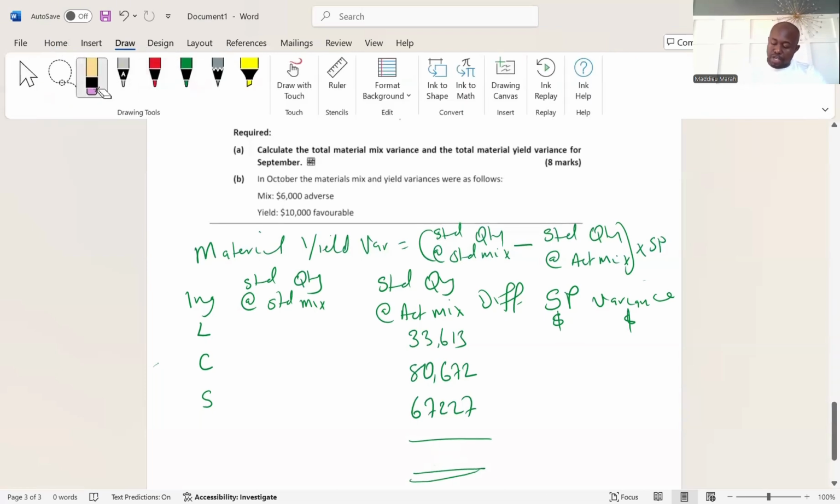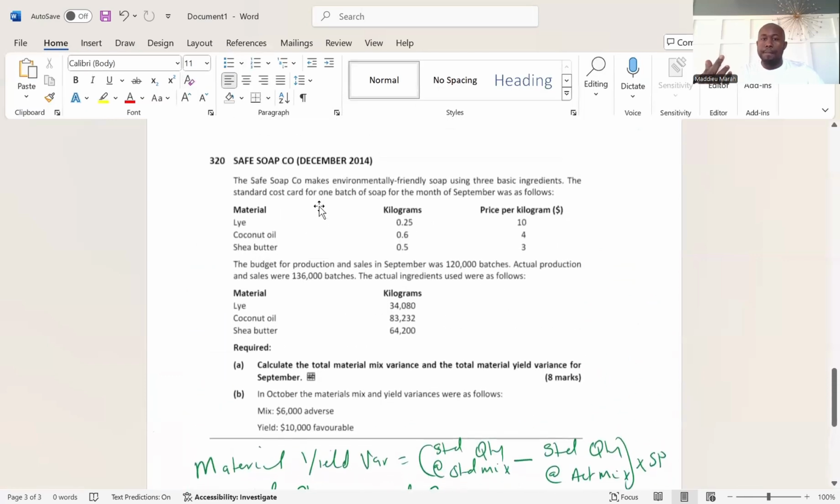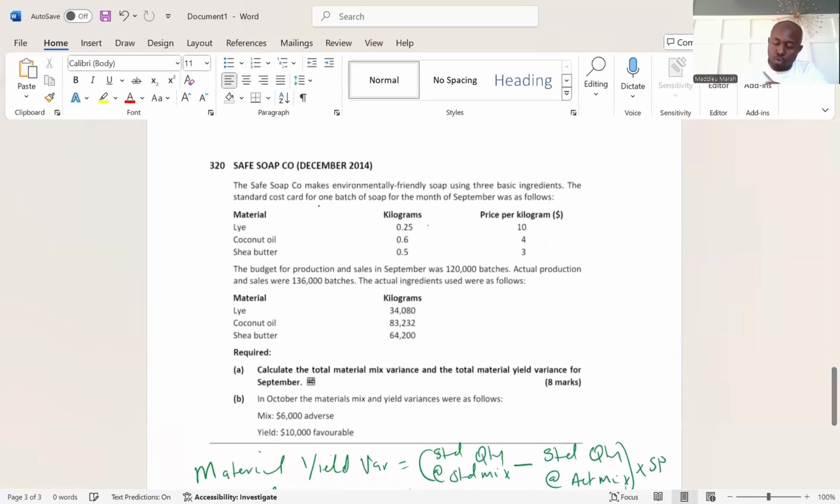My second step now is to calculate my standard quantity at standard mix. Come to my standard results. My standard quantities are these figures. If I total all of these, it will give me 1.35, as we did. Because we are already given the standard, it is 0.25, 0.6, 0.5.